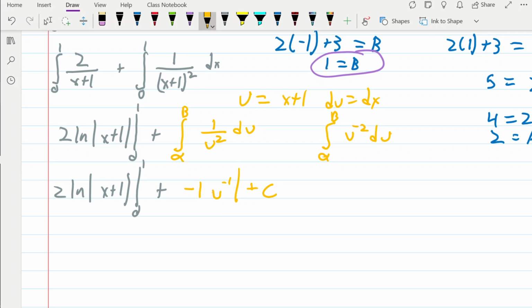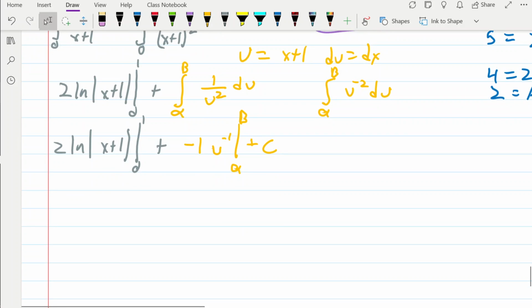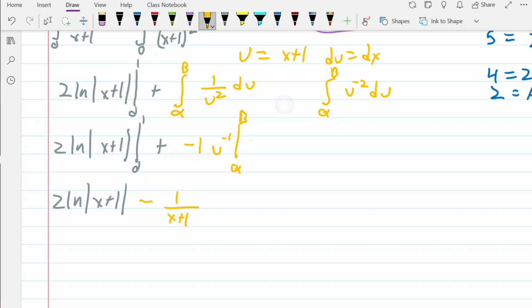And this is going to be evaluated from alpha to beta. So then we can sub our u back in. So we're going to end up having 2 ln (x plus 1) minus 1 over (x plus 1) plus c. Actually, no, we don't need the plus c on this one. And all of this is going to be evaluated from 0 to 1.